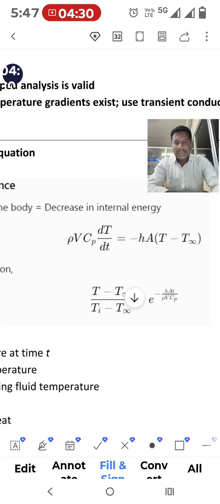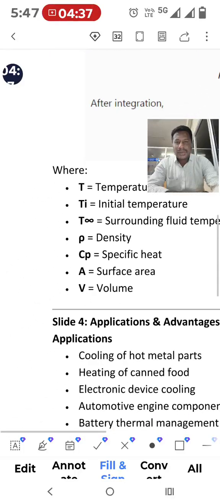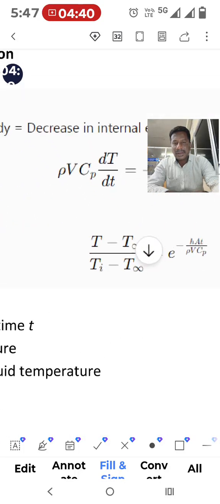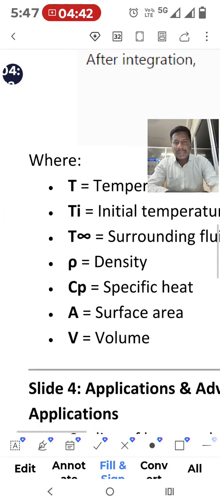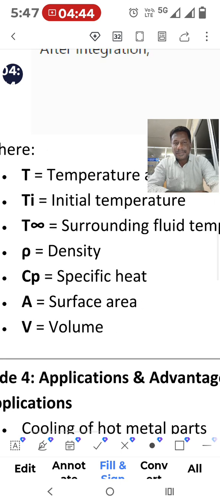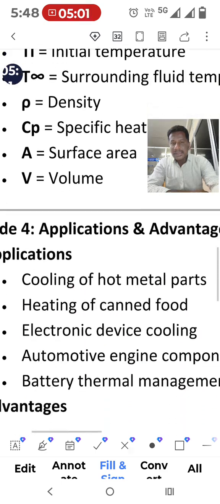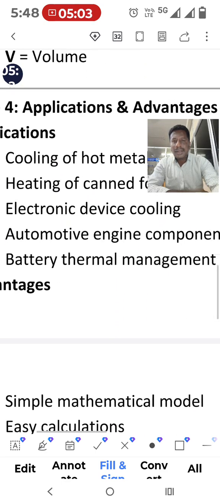Mathematically, rho V cp dT by dt is equal to minus hA into (T minus T infinity). Here T is the temperature at a given time, Ti is the initial temperature, T infinity is the fluid or surrounding temperature, rho is the density, cp is the specific heat, A is the surface area and V is the volume.